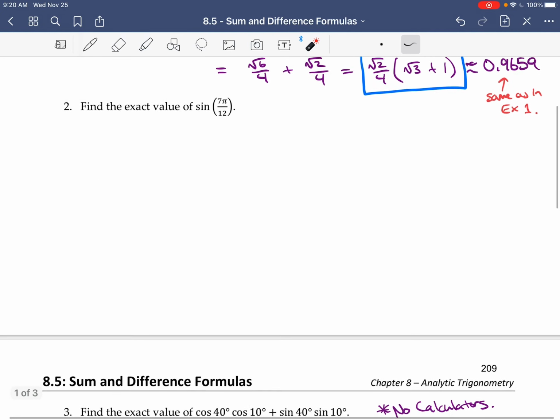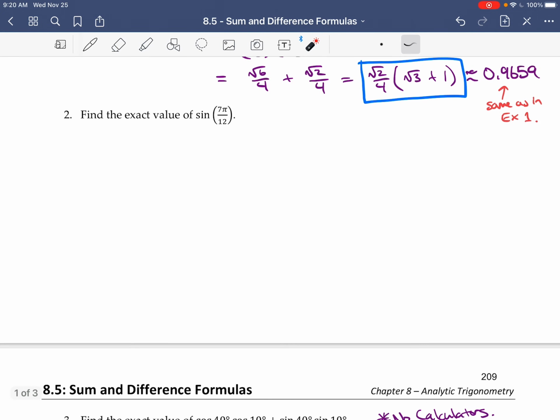Okay, so let's start with finding the exact value for sine of 7 pi by 12. So the first thing we want to notice is that we want to try and write 7 pi by 12 as angles that we know. So this is in radians.